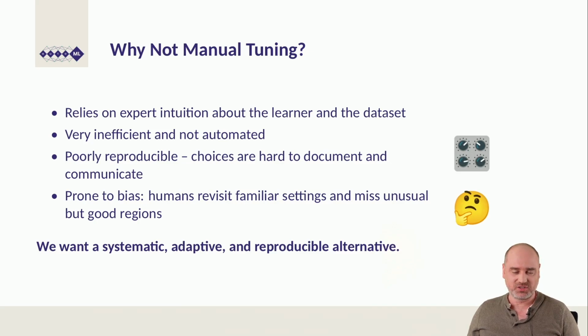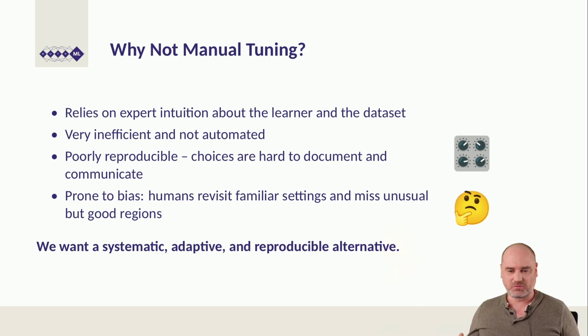If humans do this, it is usually poorly reproducible because people try stuff out, and then you have to somehow document this. You have to also somehow document your workflow to reach your supposed optimum at the end. So this is usually poorly reproducible and it's hard to document and communicate this process. And it can also be prone to bias.